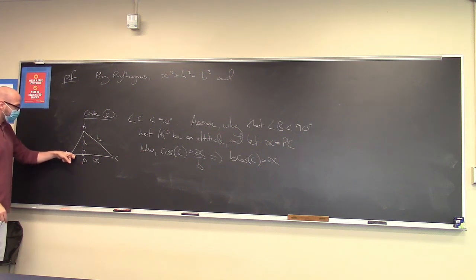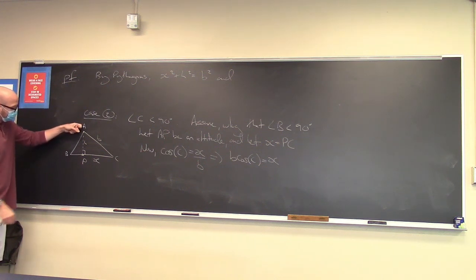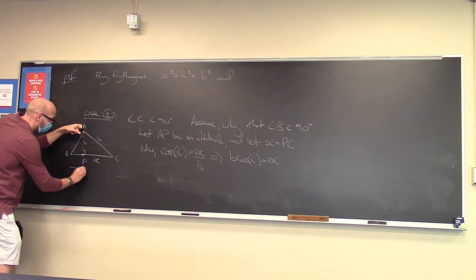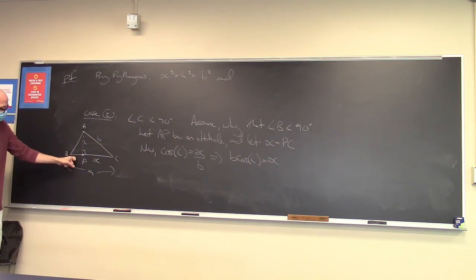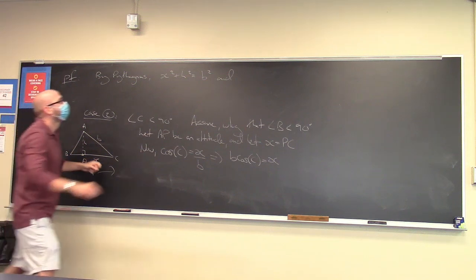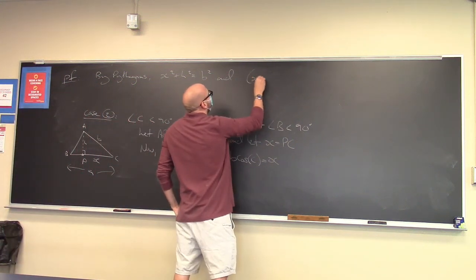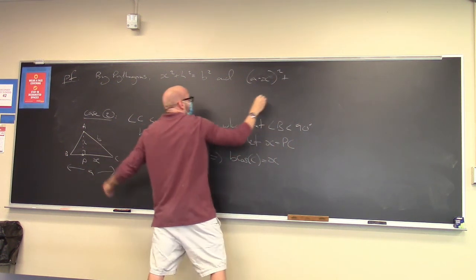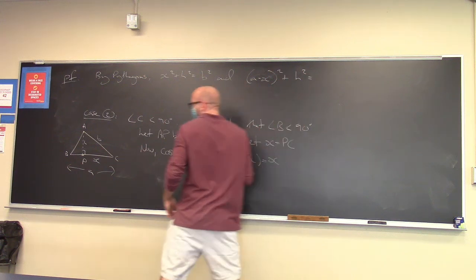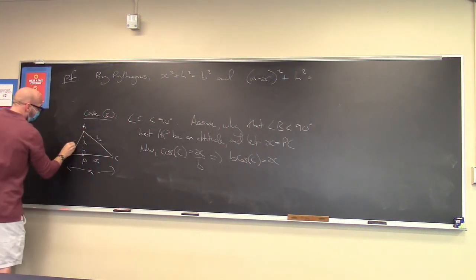So this side length would be this whole thing, that's a, so this guy here would be a minus x. A minus x squared plus h squared is c squared.